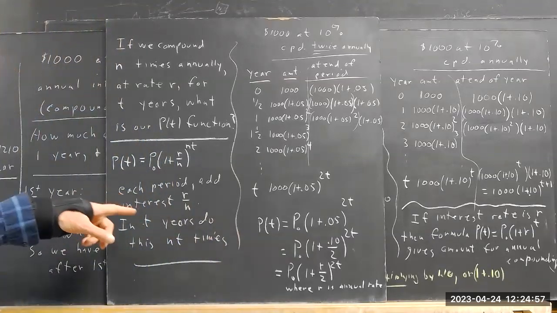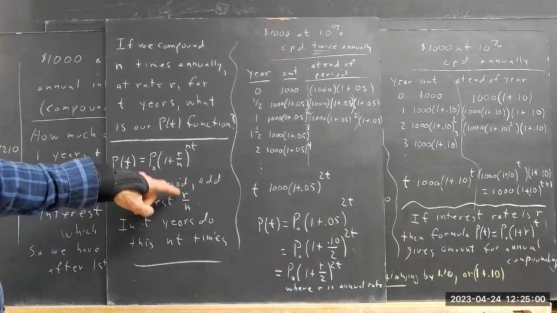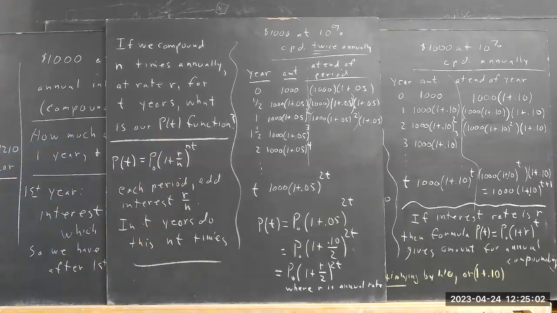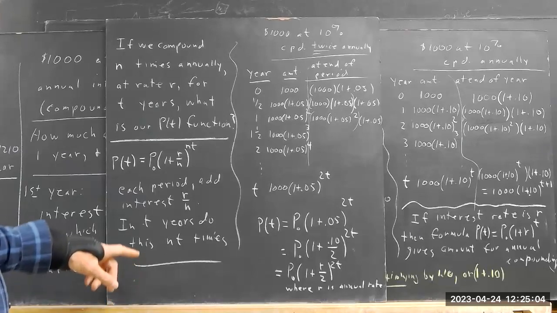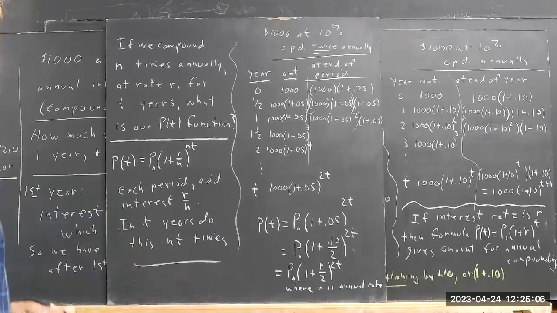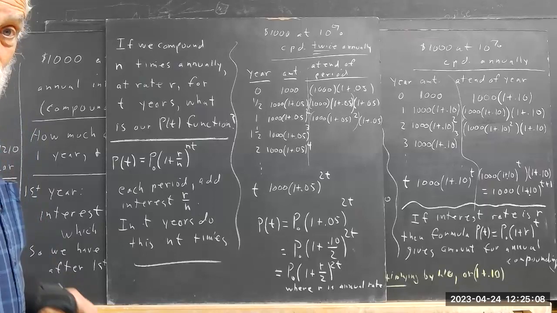What it comes down to is that each period, what we're adding is interest R over N, and in T years, that'll be done NT times.